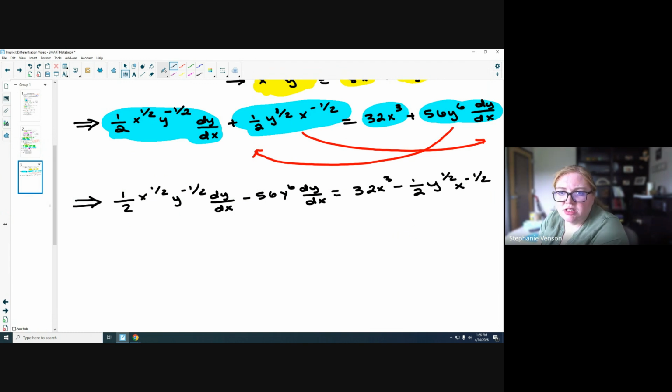Okay, still 4 terms, just the dy dx's are now on the same side. So here's term 1, here's term 2, here's term 3, and here's term 4.